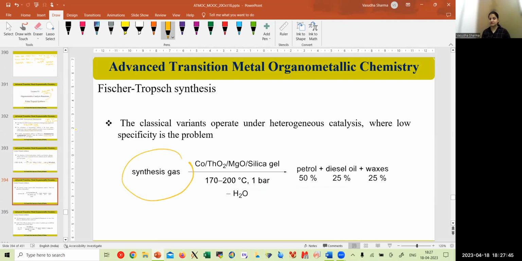For synthesis gas, carbon monoxide with H2 in the presence of catalysts like cobalt, thorium oxide, magnesium oxide, or silica gel, firstly look at the temperatures, which are very high. And as you can see, it is giving 50% petrol, 25% diesel oil, 25% waxes, so low selectivity.